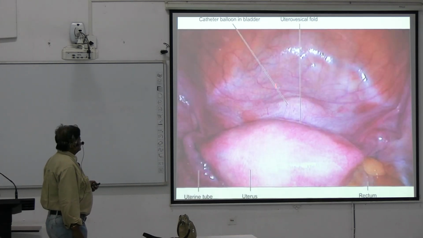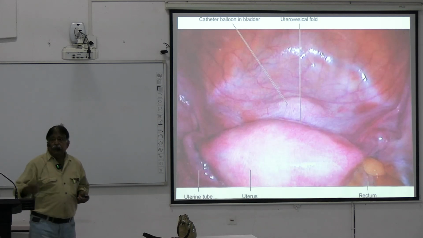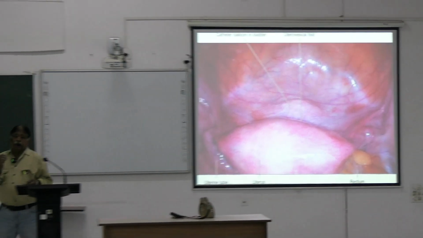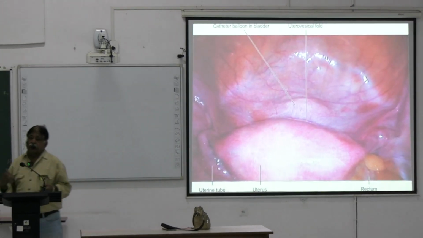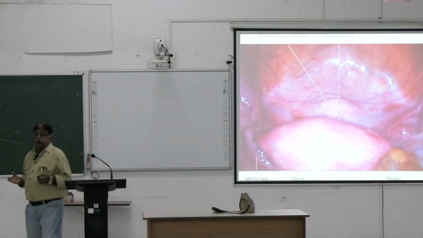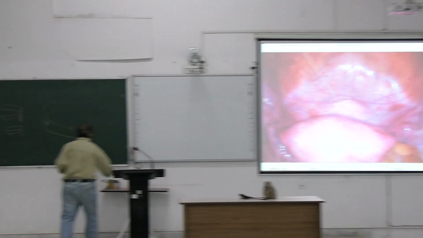Now, this is the bladder, urinary bladder. This is the balloon in the catheter. For any surgical maneuvers, for abdominal hysterectomy or the cesarean section, you put a balloon catheter, Foley's catheter.